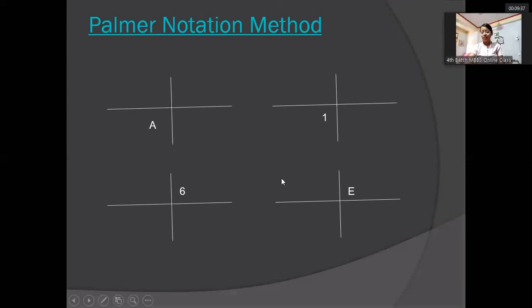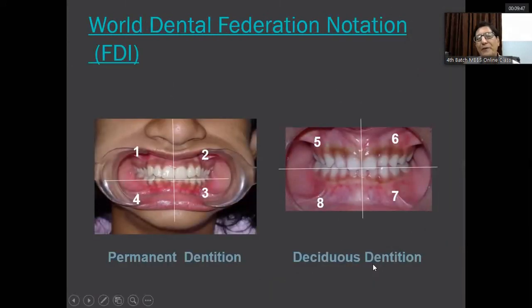Exactly. Now I'm almost clear that all of you have understood this, so we'll move ahead to another system, the FDI notation system. Here we don't use these lines.